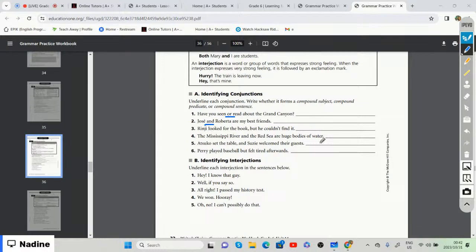So Rinji looked for the book, but he couldn't find it. There we have but. And but is that word that connects simple sentences or phrases or words.